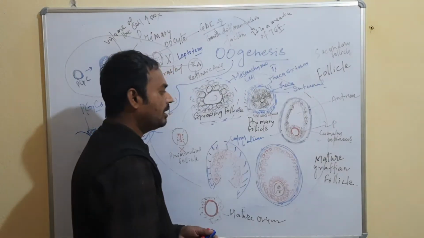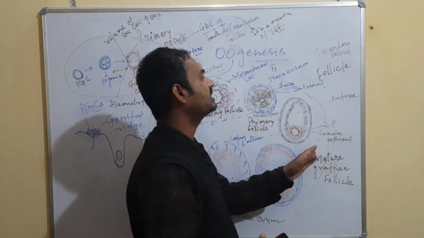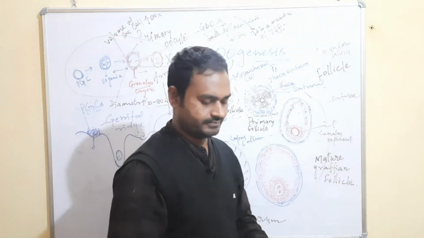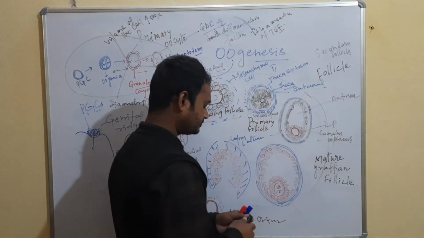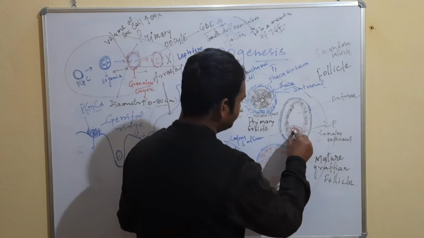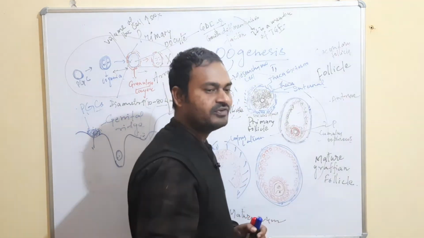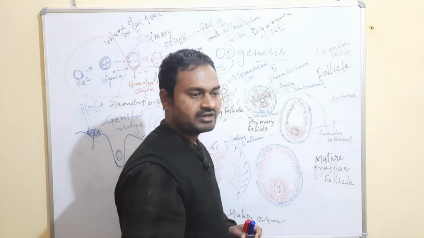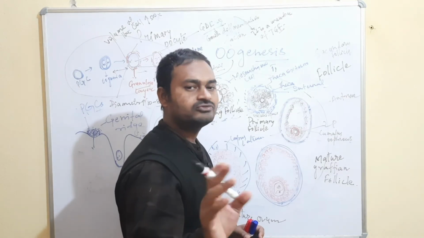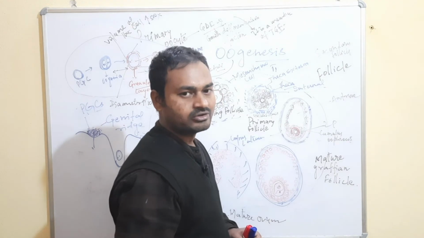Okay, so before that there is another event occurring in the secondary Graafian follicle. So what is that event? This is the primary oocyte, and this primary oocyte will start to transcribe the gene which is responsible for the formation of another layer called the zona pellucida.